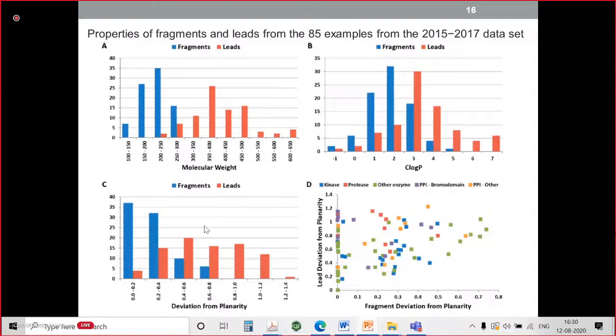In this case, they also covered different types of target proteins, and they found that most of the fragments follow planarity. Some do not, but they are still in the range of planarity, that is 0.2 RMS to 0.8 RMS.